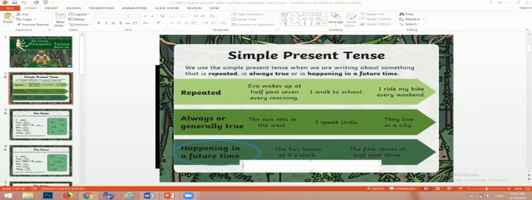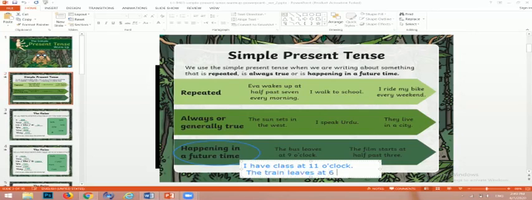So again, here we are discussing a timetable. The film starts at 3:30. We have more, let's add more examples. I have class at 11 o'clock.